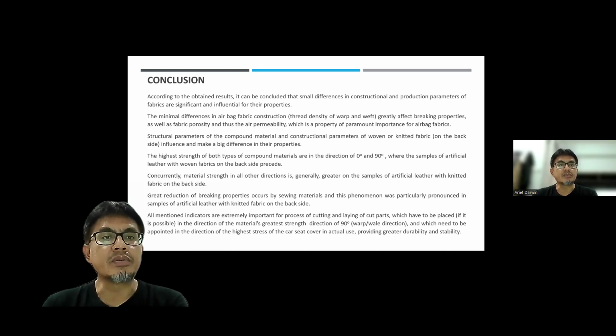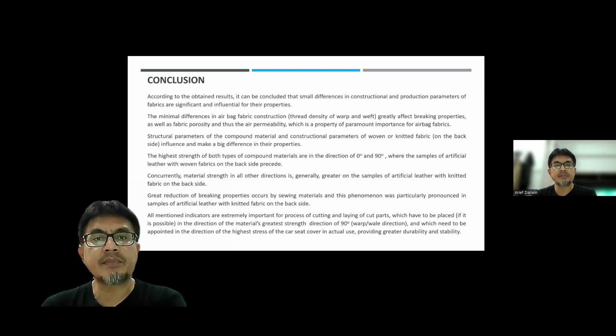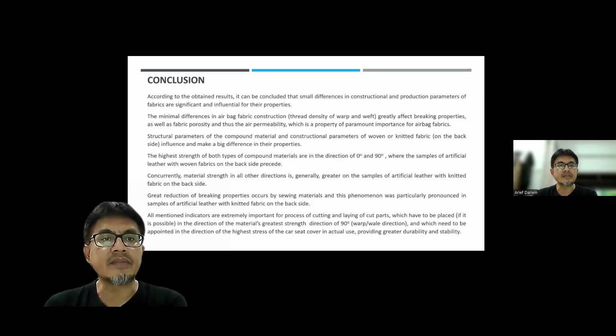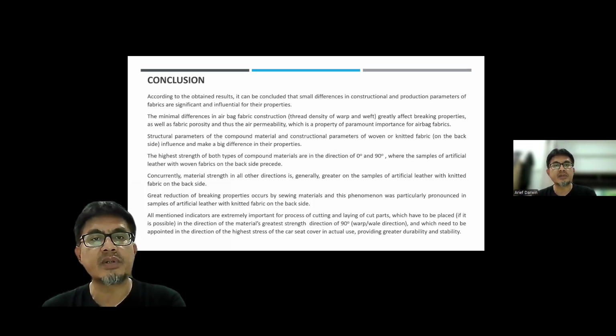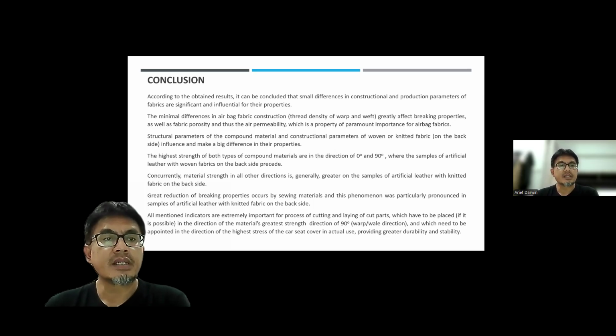We come to the conclusion from this research. According to the obtained results, it can be concluded that small differences in the constructional and production parameters of the fabrics are significant and influential for their properties.